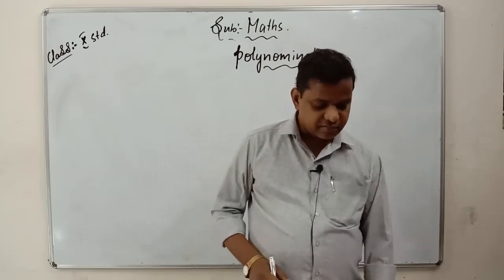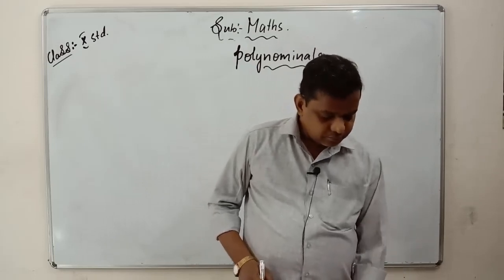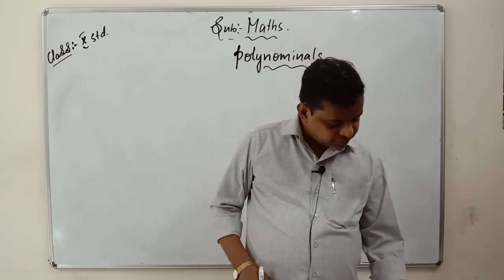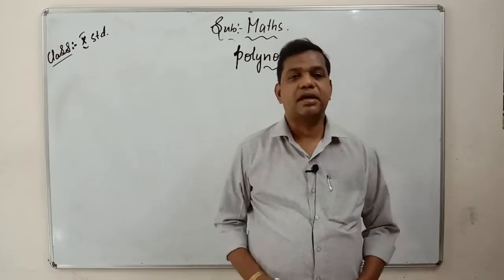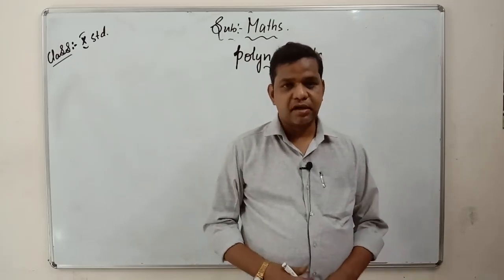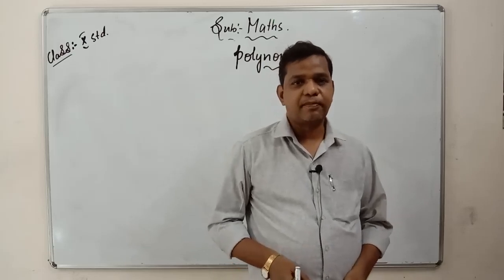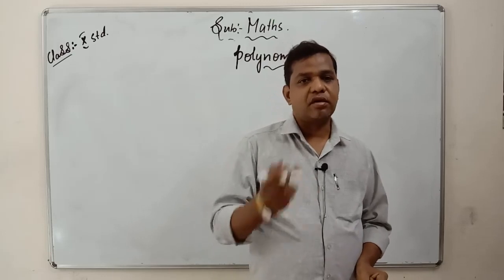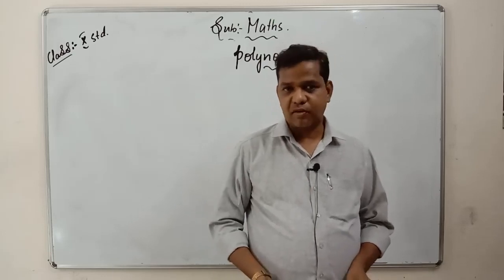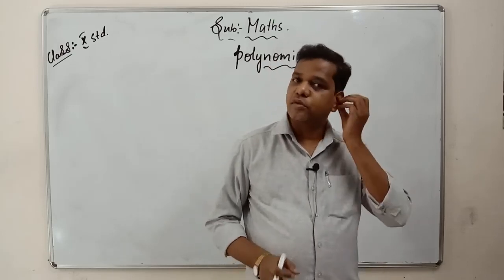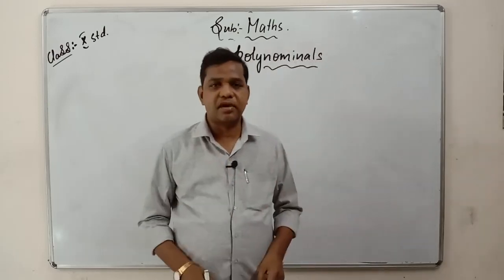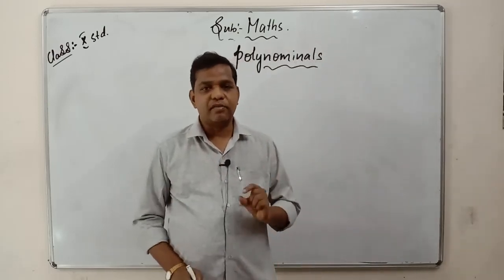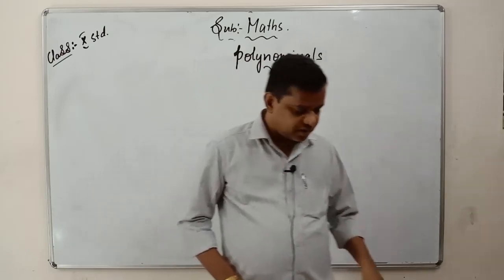If you take textbook part 2, in that the first chapter is polynomials. So let us start. What do you mean by polynomials and what are the problems we have in polynomials? How to work out these problems? It is very easy. I told you to learn those formulas by heart. If you are perfect with the formulas, then it will be very easy to follow.